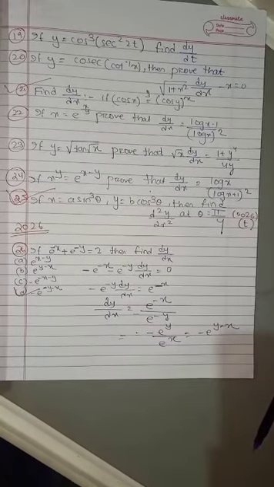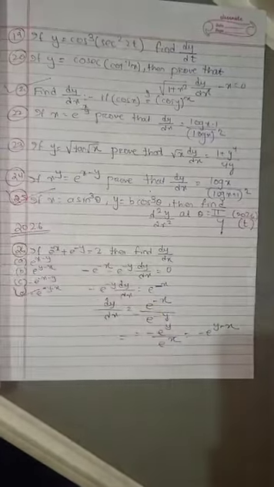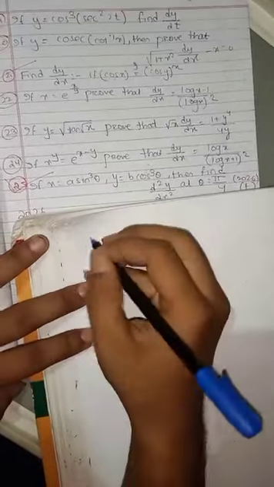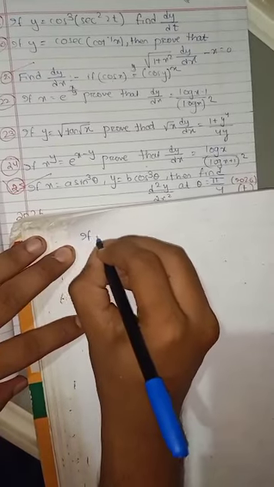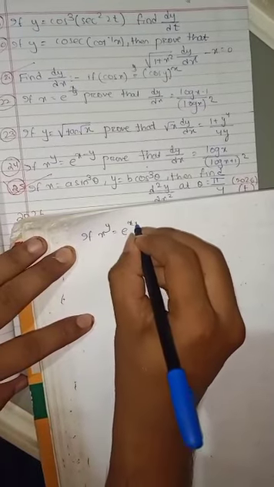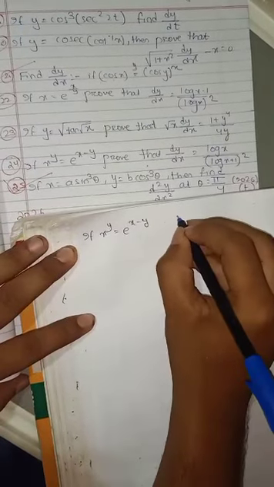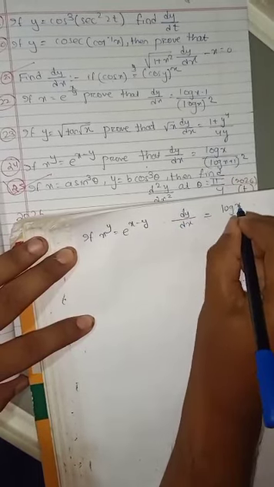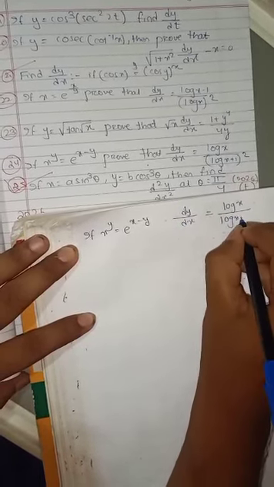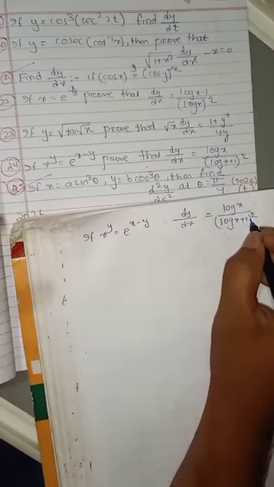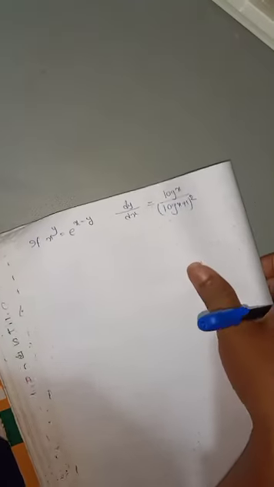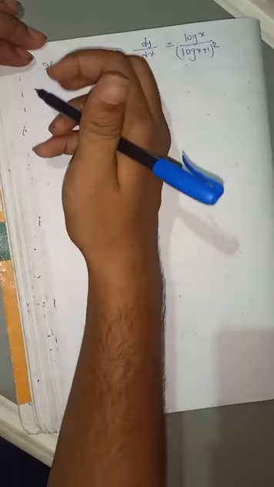Then question number 24. Now all are previous year based on question 25. Okay, the question is, if x to the power y is equal to e to the power x minus y, prove that dy by dx is equal to log x by (log x plus 1) whole square. Let's see how we can do it.